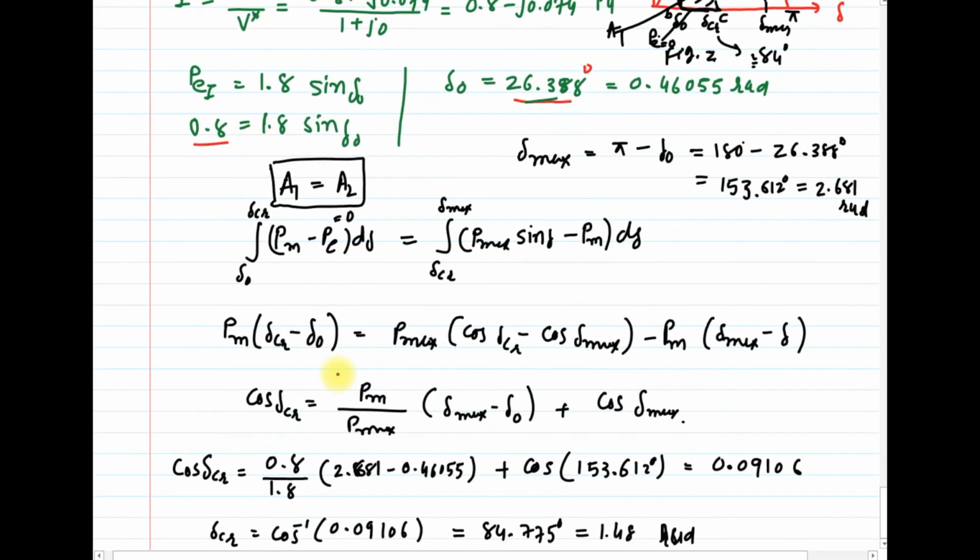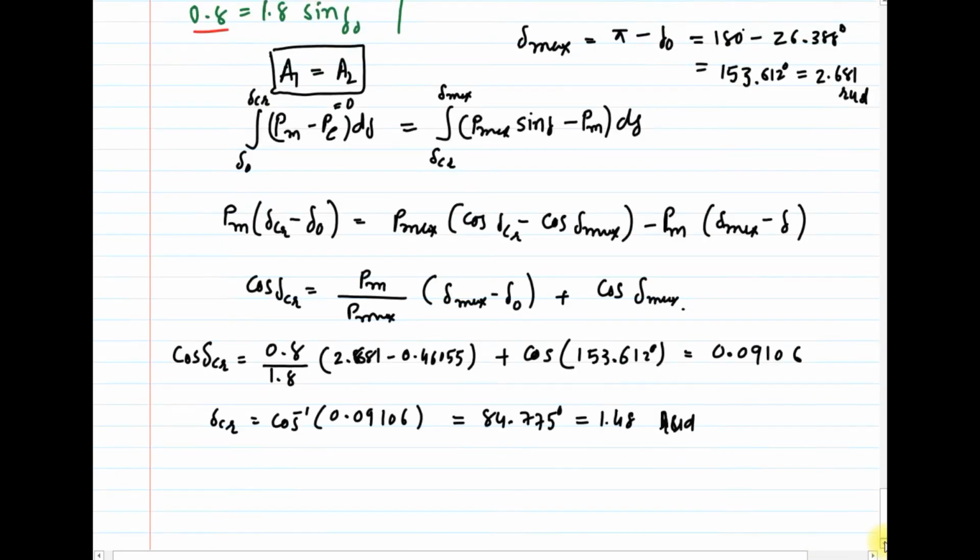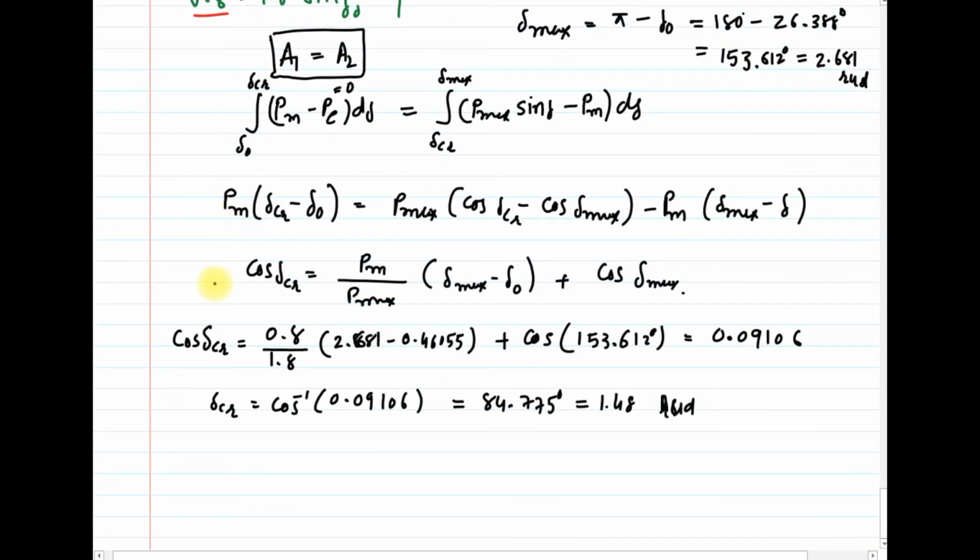Now let us calculate the time which is required to clear the fault. We know very well the TC, or you can say TCR, critical clearing time, which is equal to 2H into bracket delta CR minus delta 0, divided by pi F0 PM.